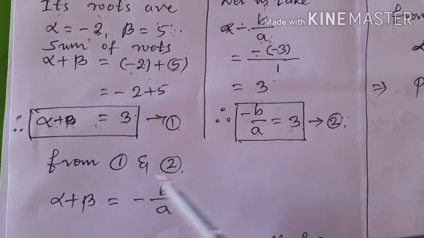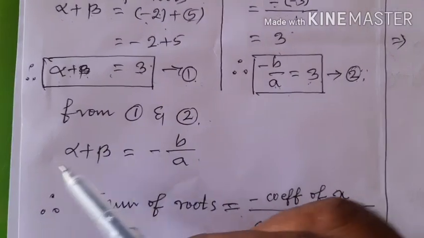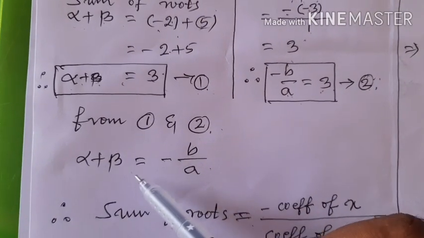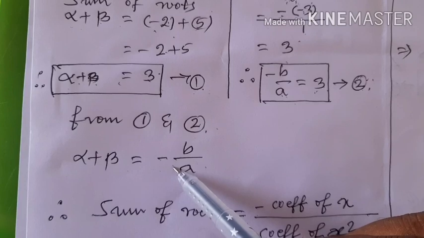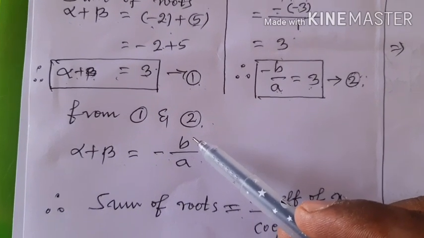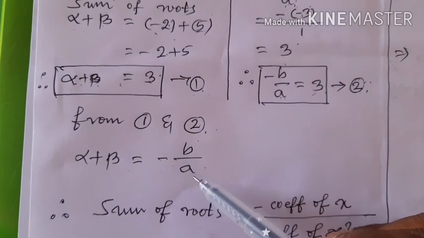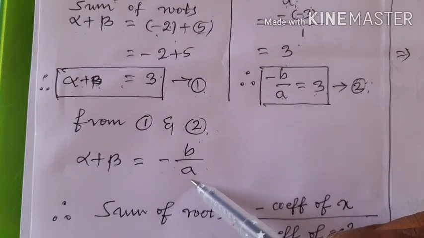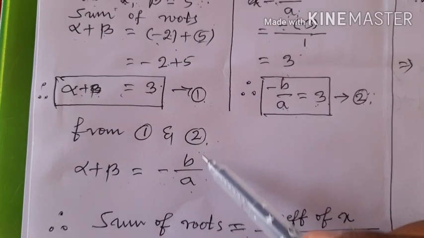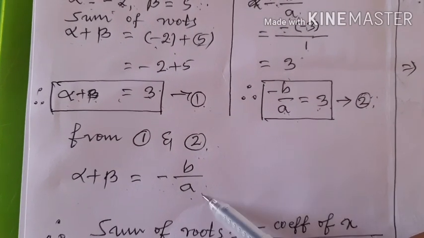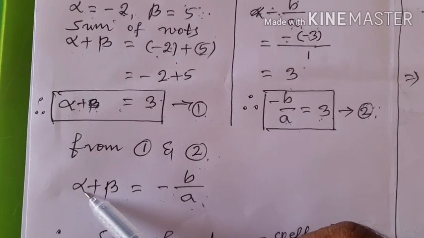So from equation 1 and 2, we conclude that the sum of the roots is equal to minus the ratio of the constant b to a. Okay, so alpha plus beta is equal to minus b by a, or minus b by a is equal to alpha plus beta.